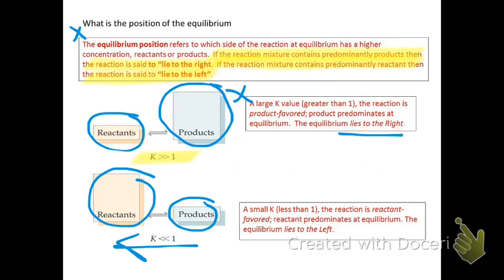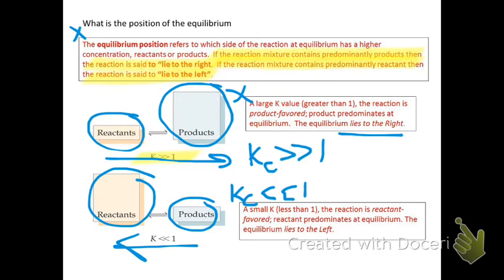The equilibrium is favored in the backwards direction. Here, they're favored in the forward direction. So here, the Kc value is greater than 1, and over here, the Kc value is less than 1.